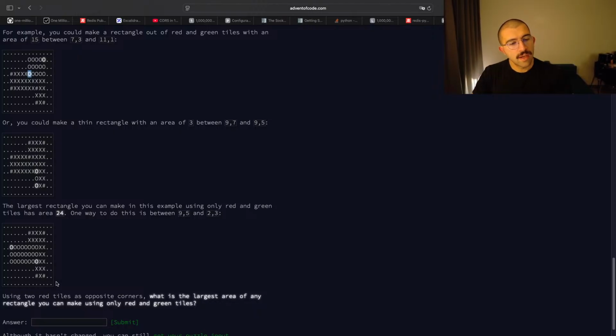The largest rectangle you can make in this example using only red and green tiles has area 24. One way to do it is between that and that. Using the 2 red tiles as opposite corners, what is the largest area of any rectangle you can make using only red and green tiles?